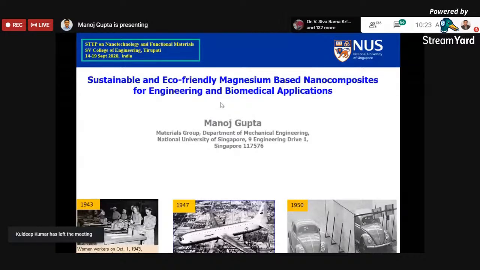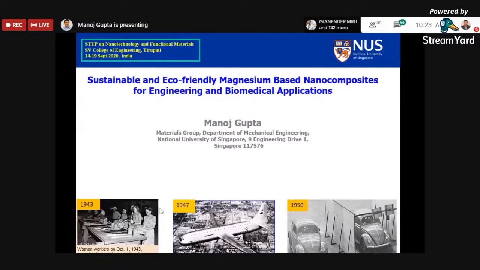And then the third word is magnesium. The purpose of this talk is to target magnesium because it gives one of the many options in which we can address sustainability, the eco-friendly aspect, and we can use this material in engineering and biomedical application. So that is what you can derive out of my title.